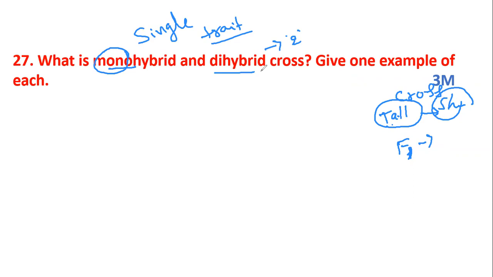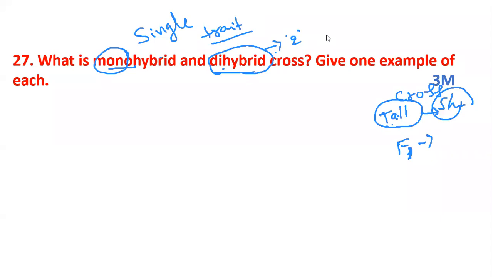The crossing between plants by considering two contrasting characters or two types, those are called dihybrid crossing, and monohybrid is with a single character.